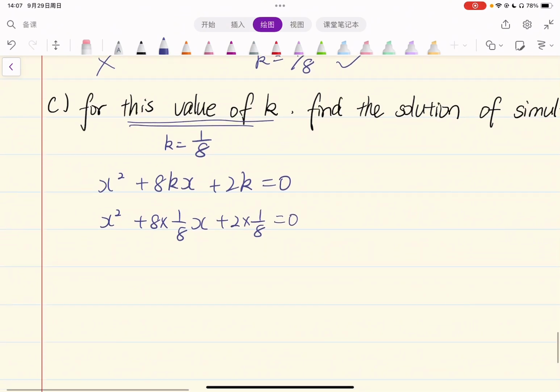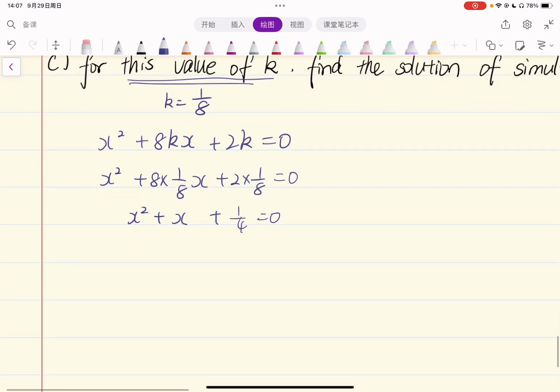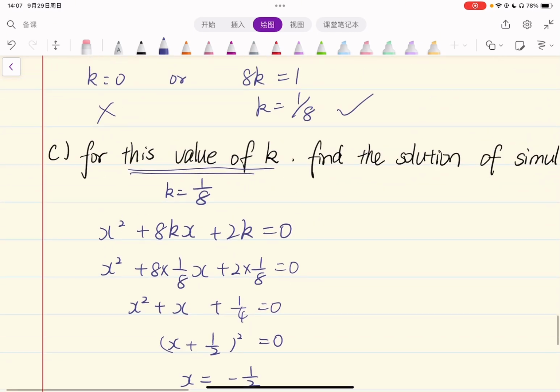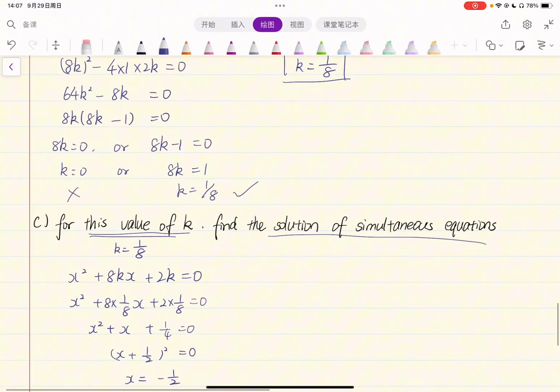And we rearrange that. We can have x squared plus x plus 1 over 4 equals 0. And simplify it, we have (x plus 1 over 2) squared equals 0. So x equals minus half. That is the solution of x.